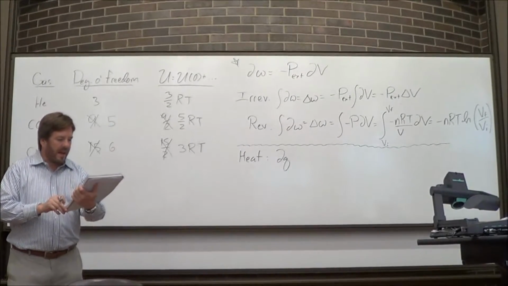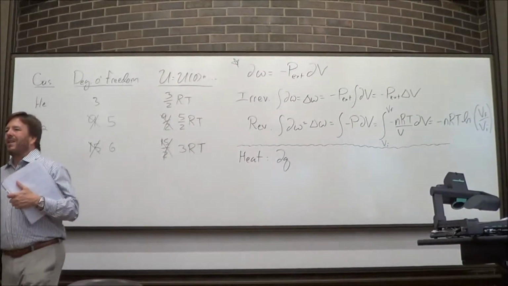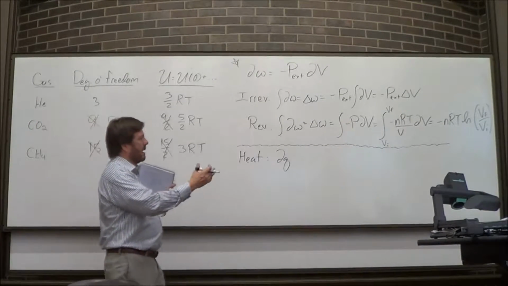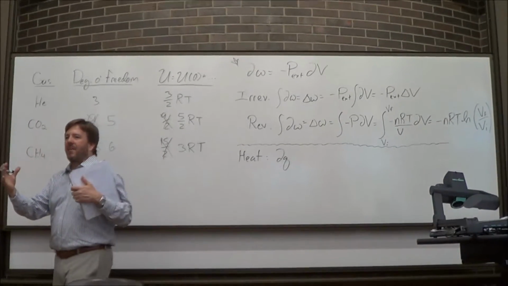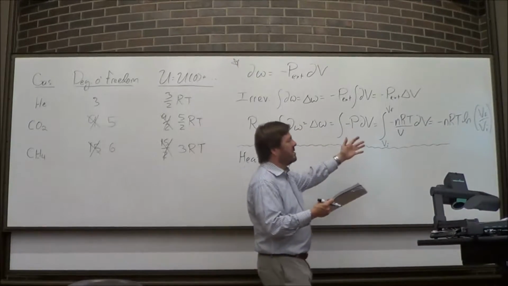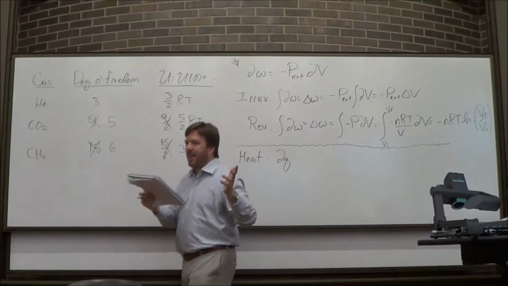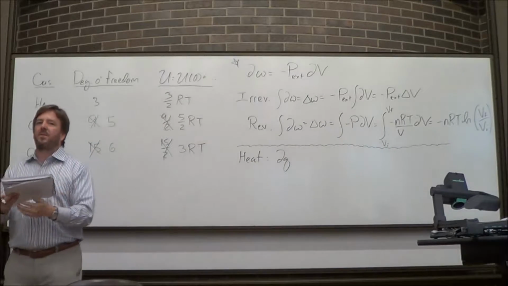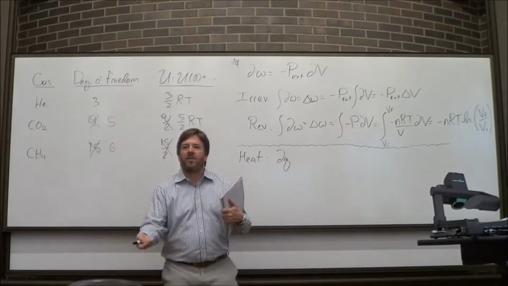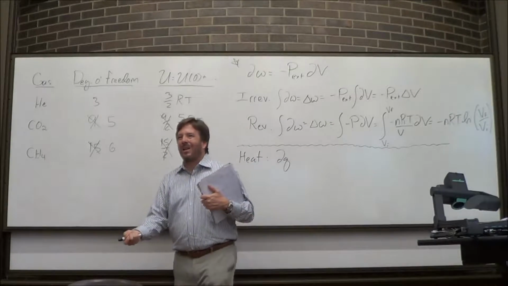Okay, so I don't really have many equations for heat. Work, I've got the magic piston. I've got ways I can expand or contract it. They lead to different equations. I've just done that. It's really not that hard. Heat is a little different. Heat is I've got the magic cylinder and I've stoked a fire underneath it. That's all I've got, really.